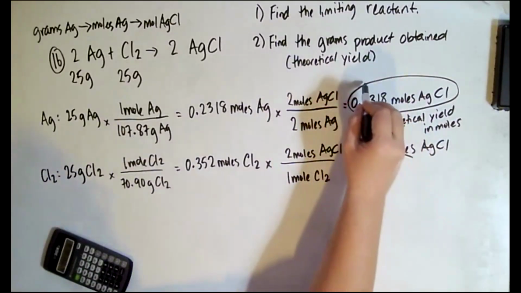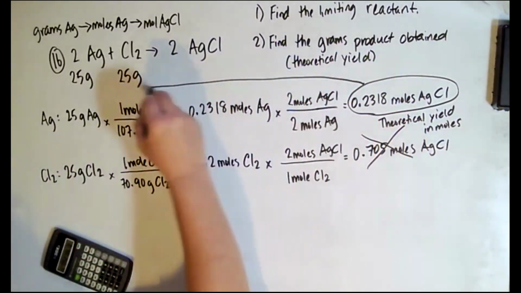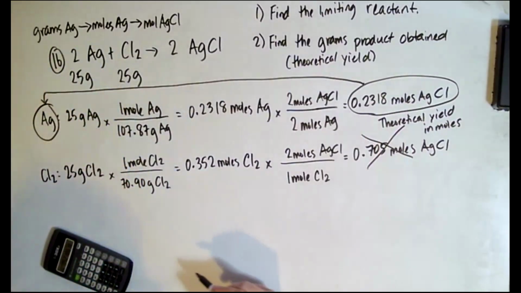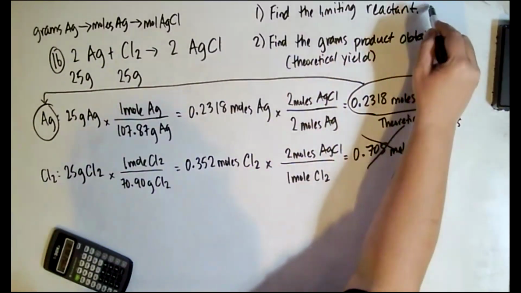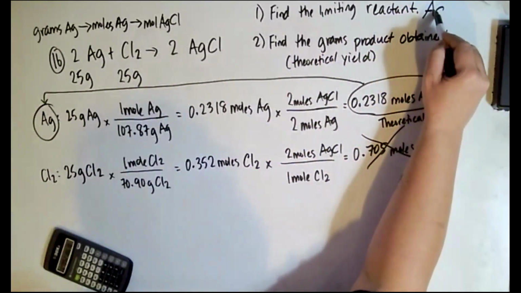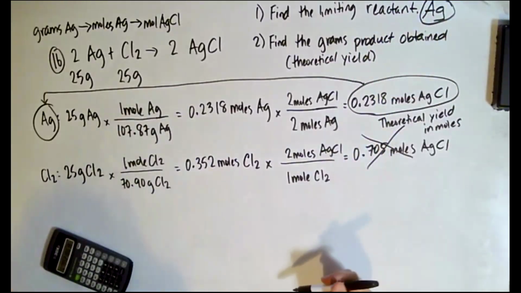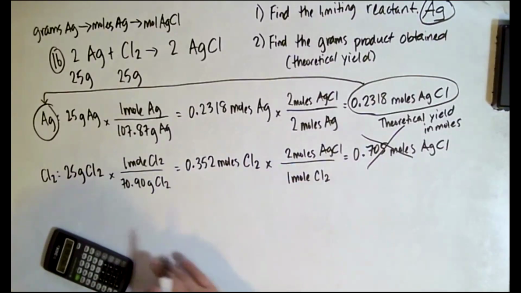And we also know that the reactant that formed our theoretical yield, which is silver, is our limiting reactant. Okay. So our limiting reactant is going to be Ag. So we can already cross out choices C and D because we know that those are not going to be correct.